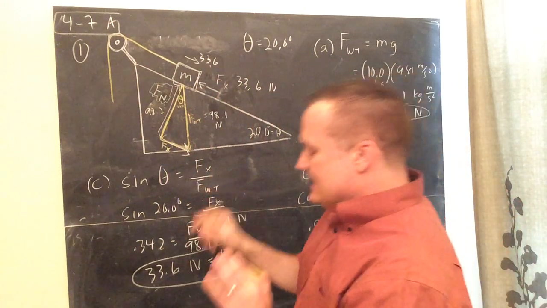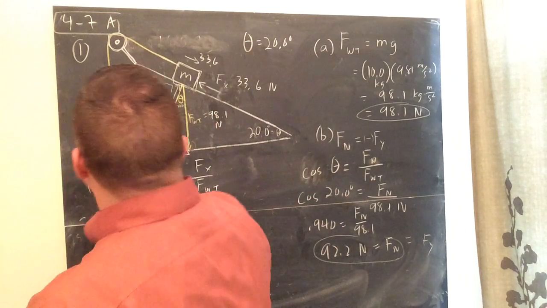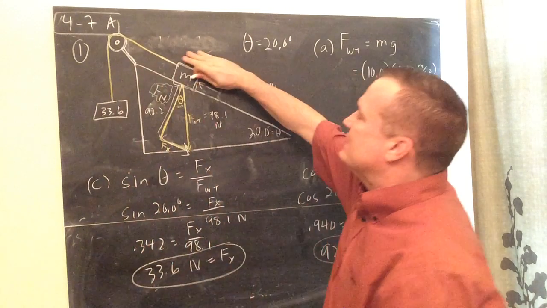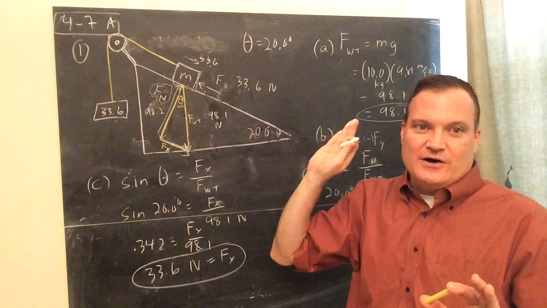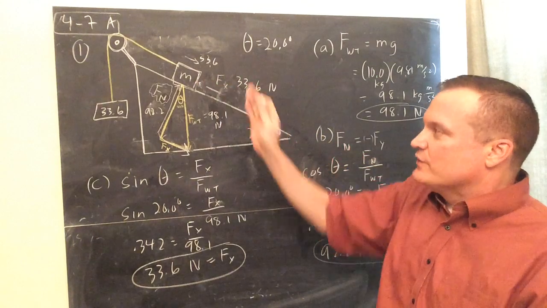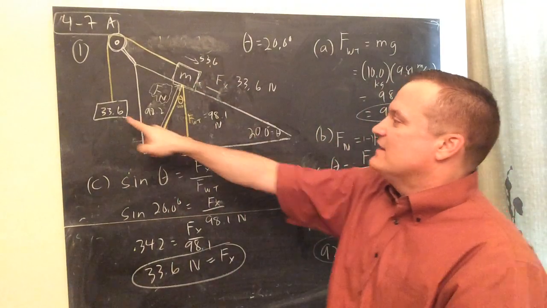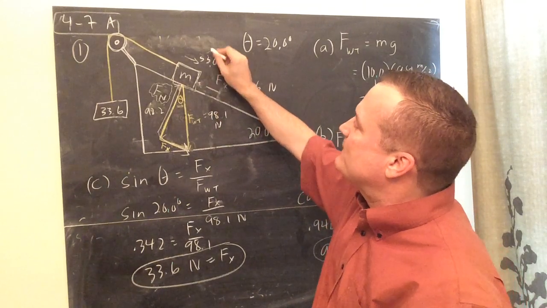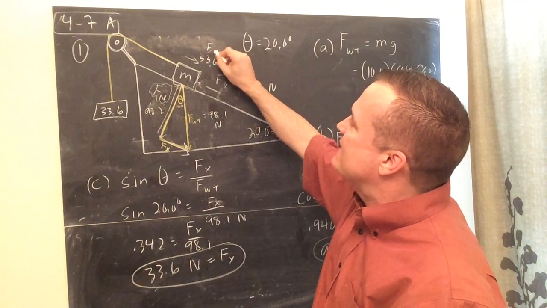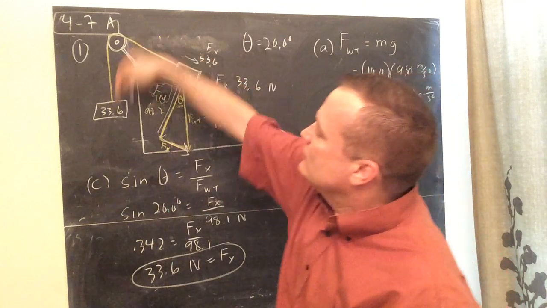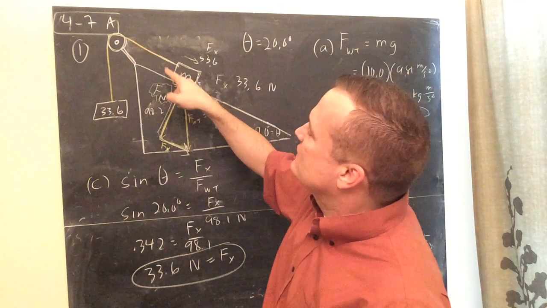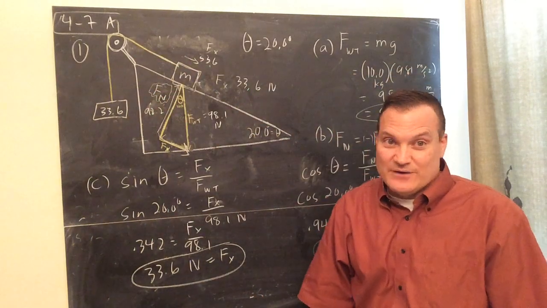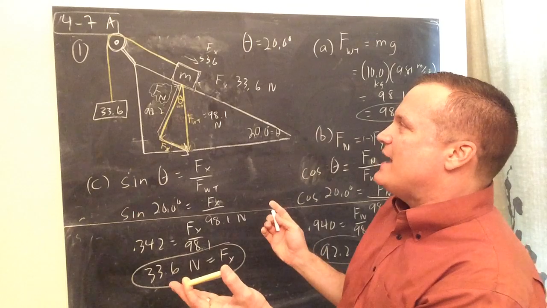Now, if I put a weight right here that is equal to 33.6, and this thing is not moving at all, then guess what? It will not move. It will stay in place. This is supporting it and keeping it from going down. Gravity is pulling 33.6. We'll call that Fx, okay? But then your pulley is pulling 33.6 newtons in that direction for you. So everything is equaled out, no problem.